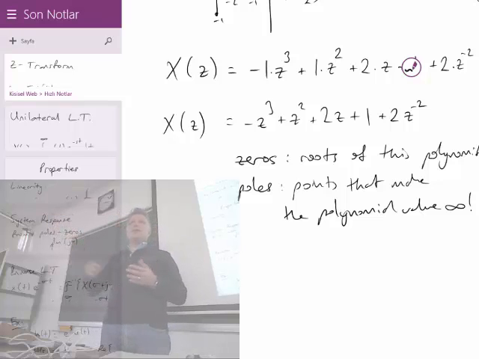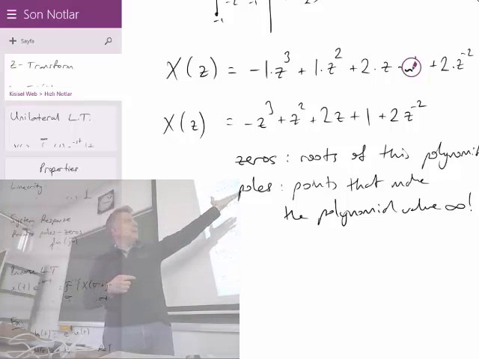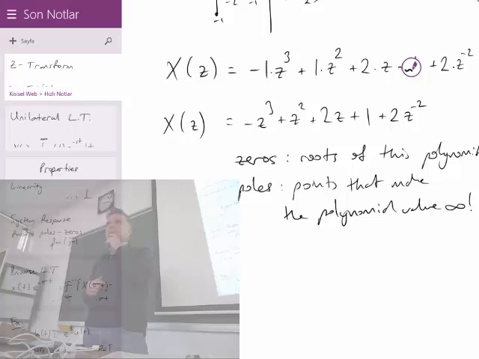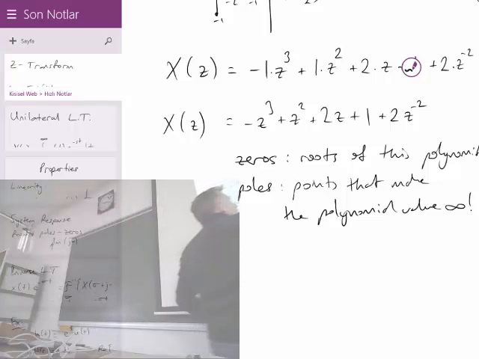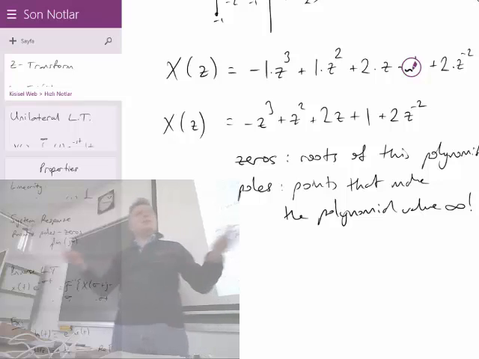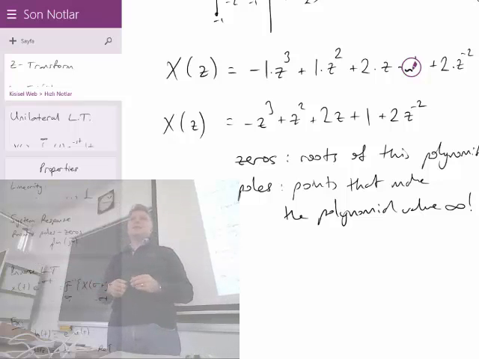You can also say that a value which makes this polynomial infinity is z is equal to infinity. So there is another pole at z is equal to infinity, isn't there? Because when z is equal to infinity, z cubed or z squared or z itself will also be infinity. So we have another pole at z is equal to infinity.